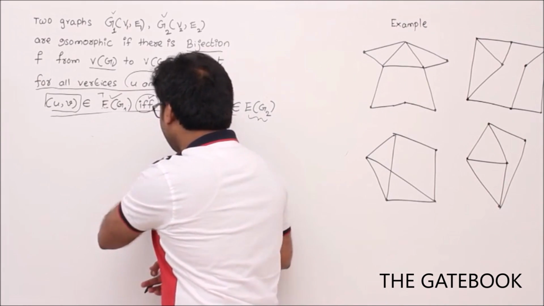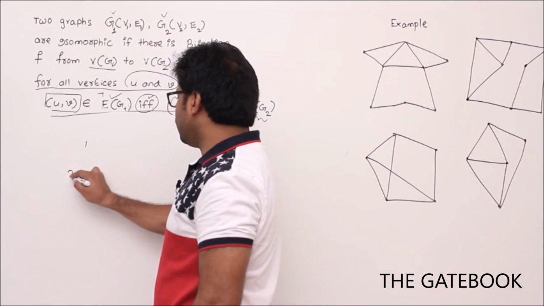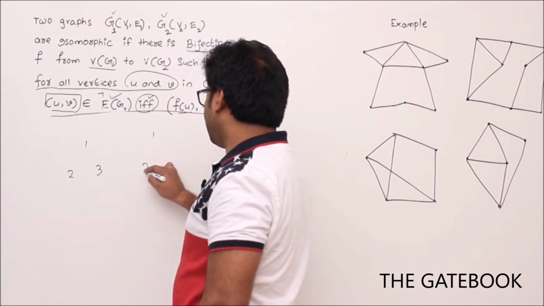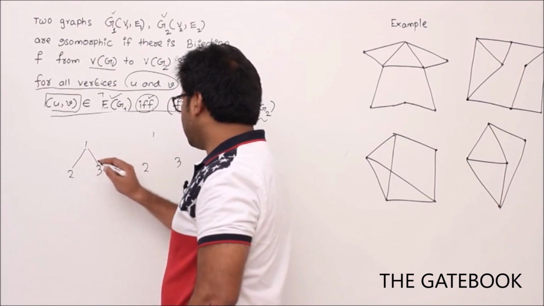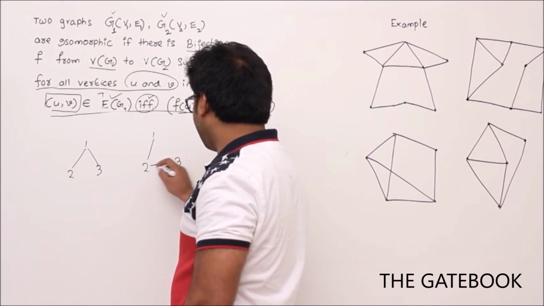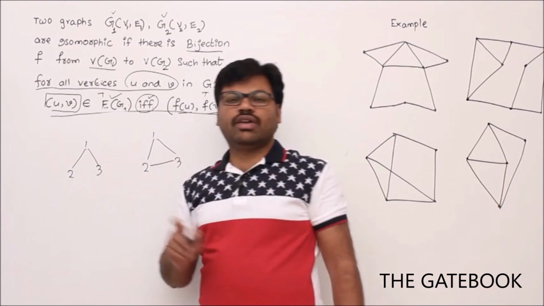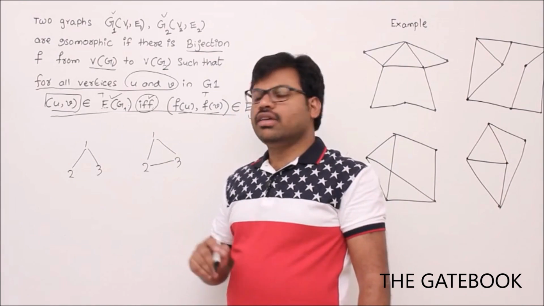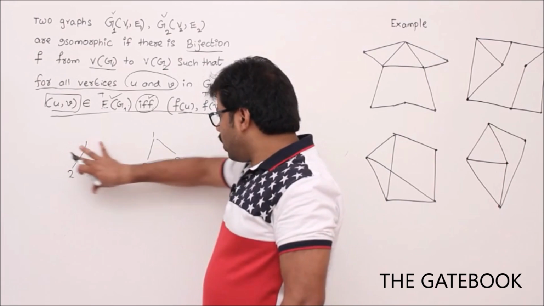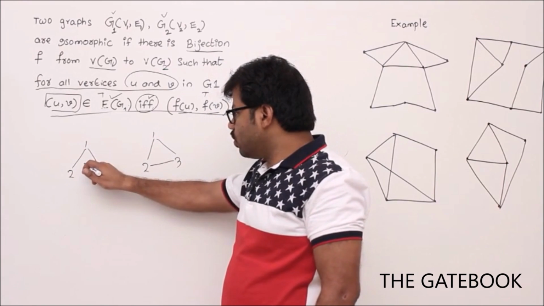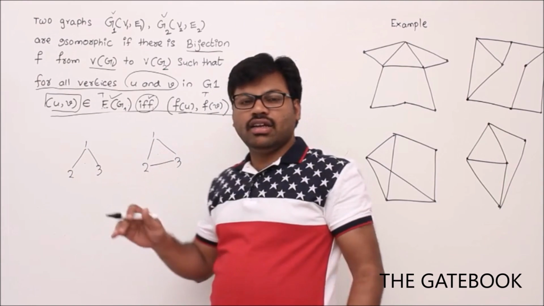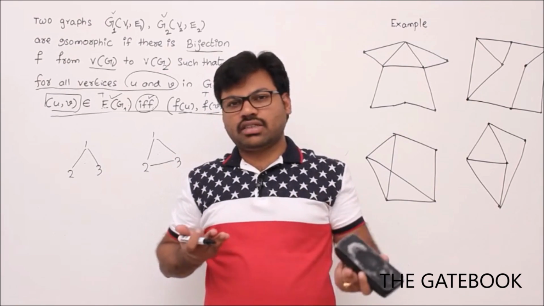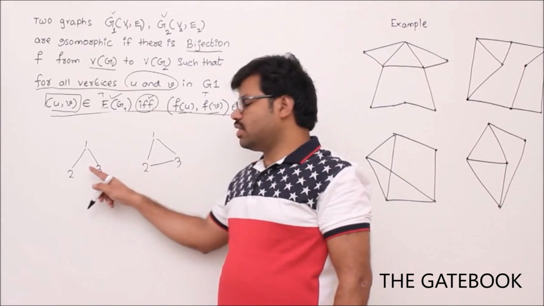First thing, for example, you have a graph with 3 vertices and another graph with 3 vertices, but one is like this, and the second one is like this. Then definitely these two graphs are not isomorphic because you can't get a mapping. Why? Because isomorphic graphs should have the same structure. If there is no cycle here but here there is a cycle, then how can they be the same structure? Structure-wise they are different.